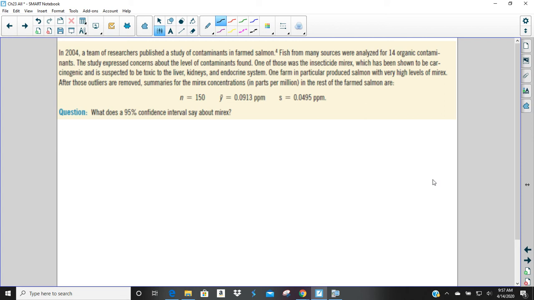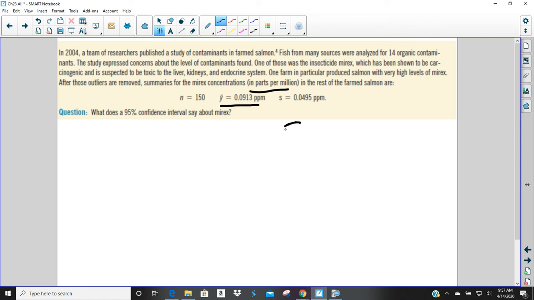After those outliers were removed, summaries of the Mirex concentrations, in parts per million, so it's not a whole lot, were shown below. What does a 95% confidence interval say about the Mirex? And again, I have no idea how much Mirex there can be in salmon for it to be bad for humans, but this is what's telling us. So let's first talk about a confidence interval. If we did it manually, my y bar is going to be 0.0913.